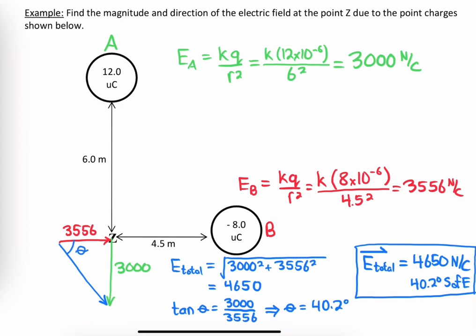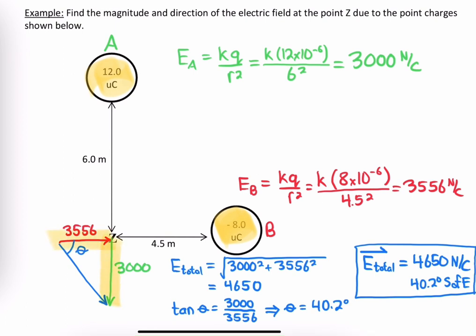So the big idea is this. When I have more than one charge creating an electric field in an area, the electric fields created by each one individually combine together. And I can use that idea to find the total electric field. Each one on its own creates an electric field that is a vector.